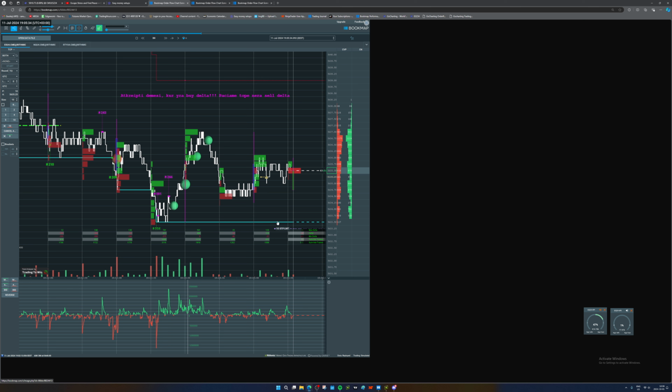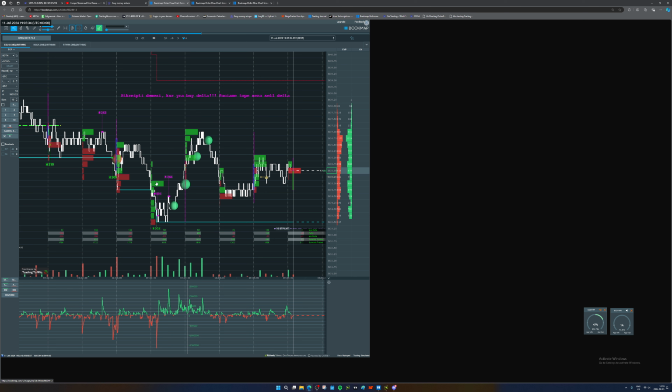In this bottom the minimum delta is minus 375, and another bar has a max delta of 591. Basically buyers are controlling this area, they're buying everything.